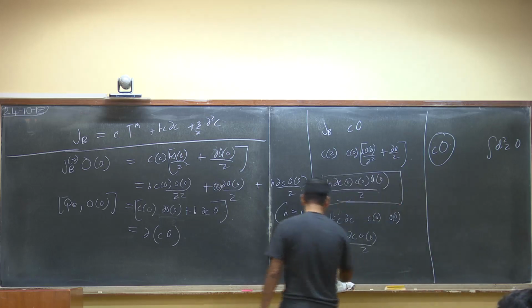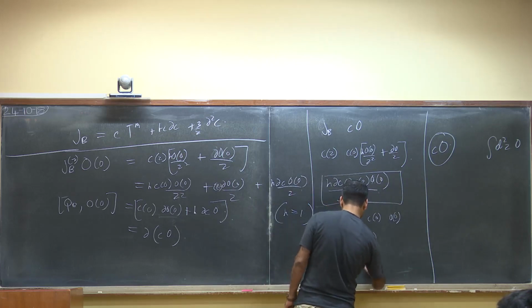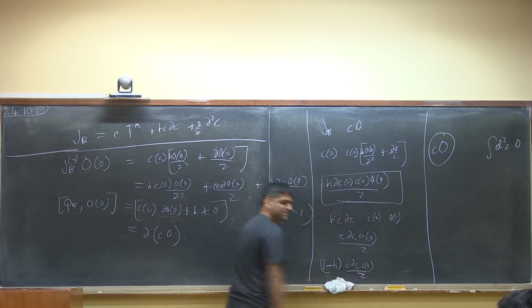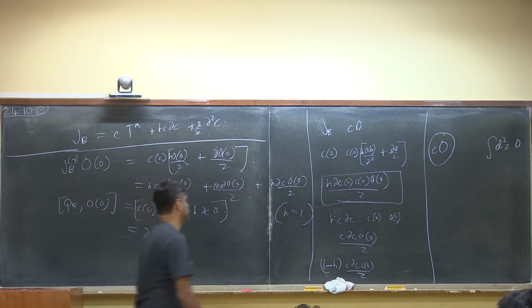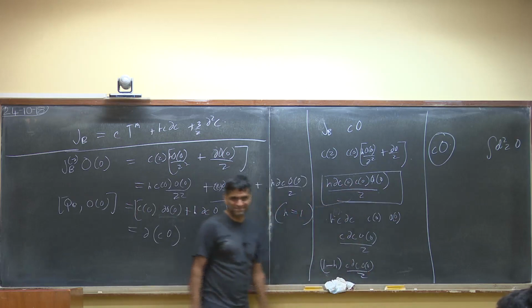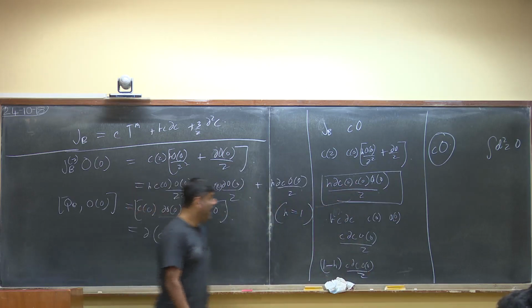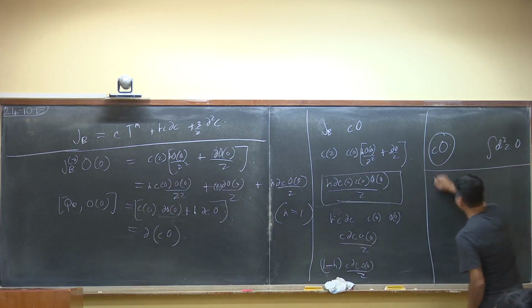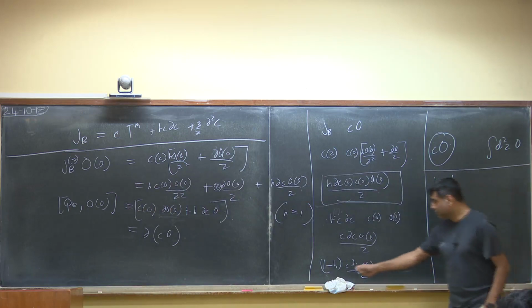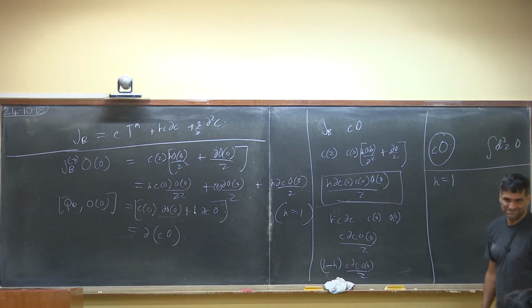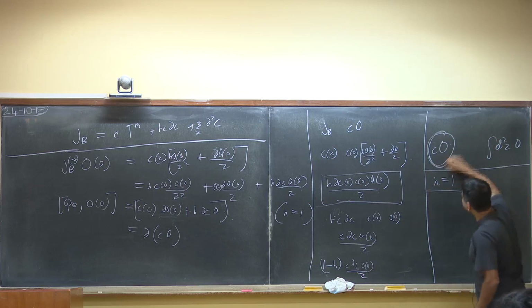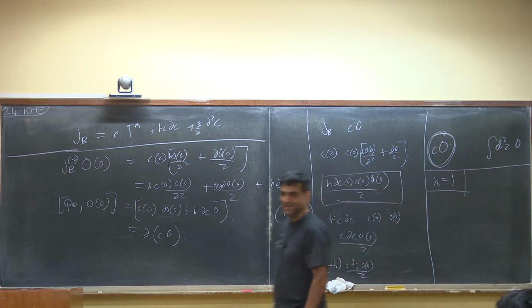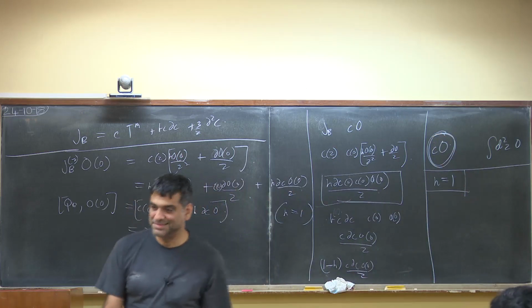So you see that what we get is 1 minus H times C del C O of 0 by Z, because this is del C C and this was C del C. Again, when H is equal to 1, this just vanishes. Okay? So when H is equal to 1, this guy here is BRST closed by itself.